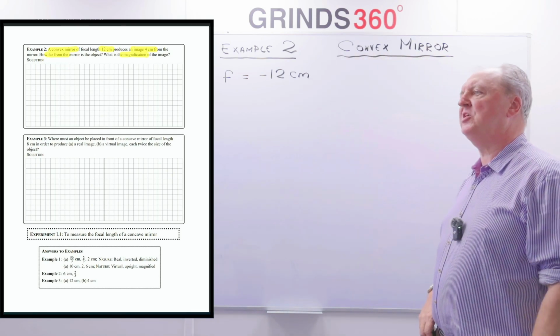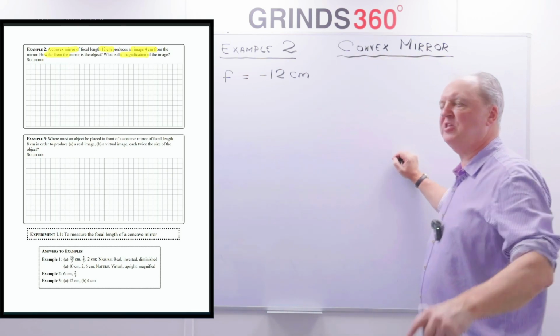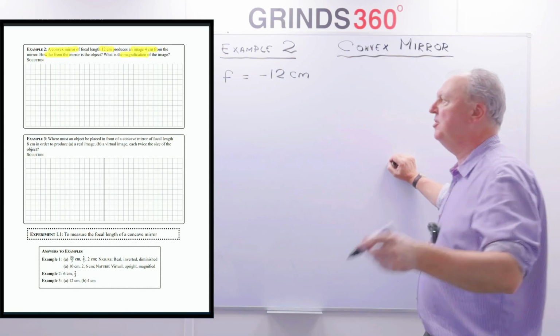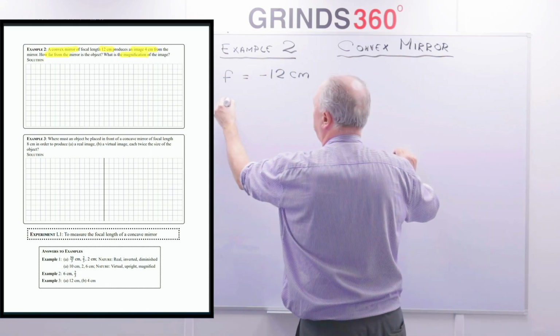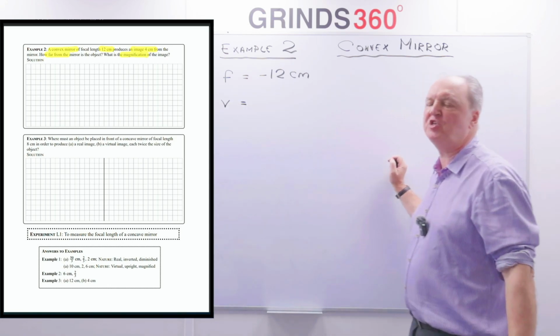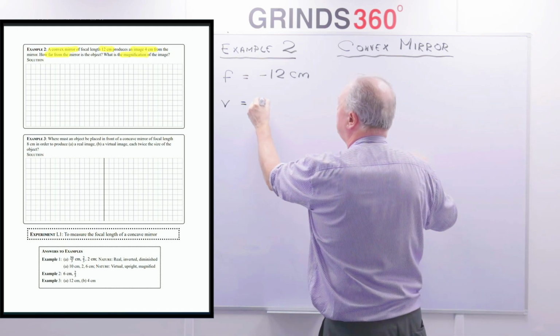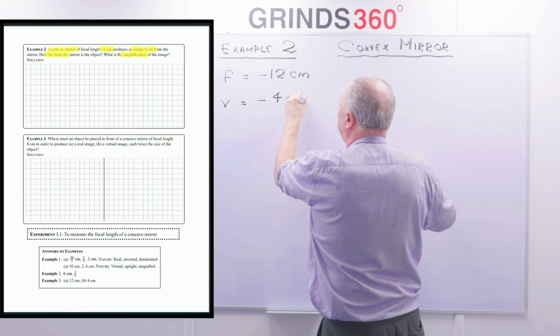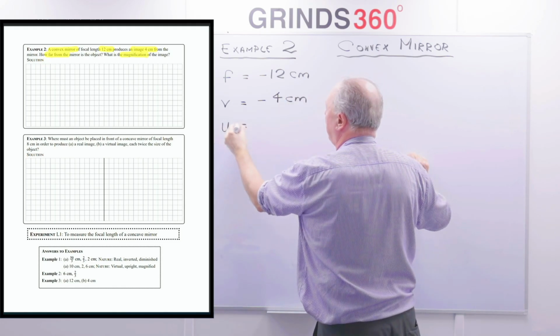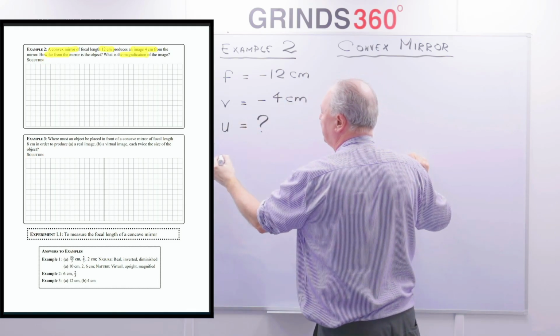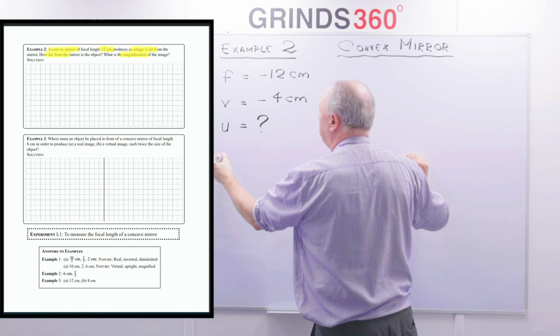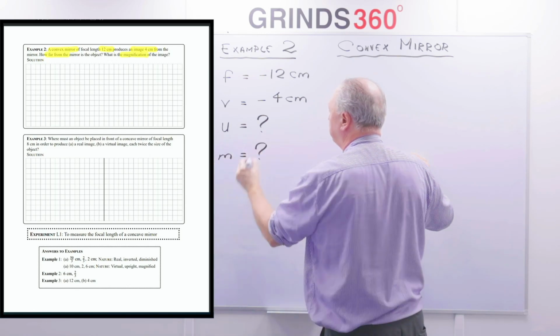You're told that the image distance is 4 centimeters. It doesn't say behind or in front, but it has to be behind because that's the only kind of image that you get in a convex mirror. So v is equal to minus 4 centimeters. And they're asking me to find u, the object distance, and m, the magnification.